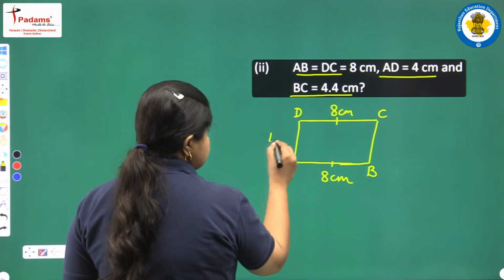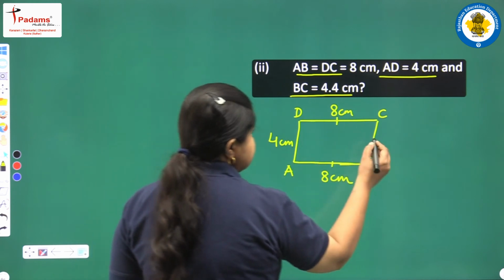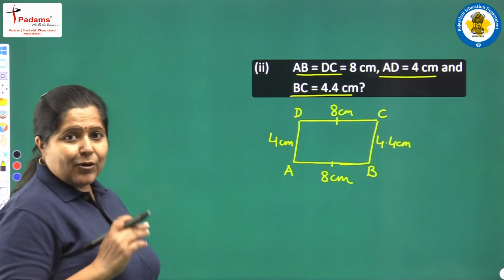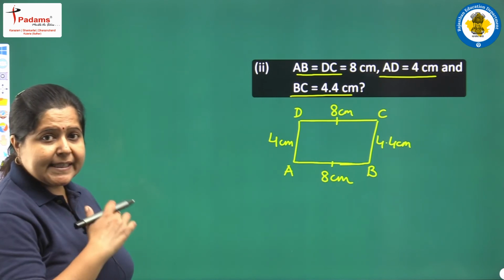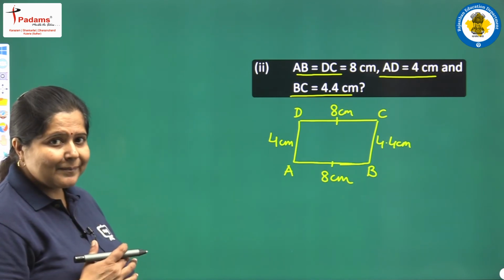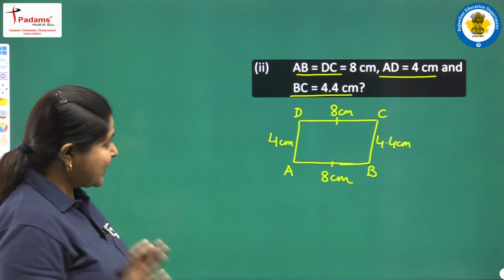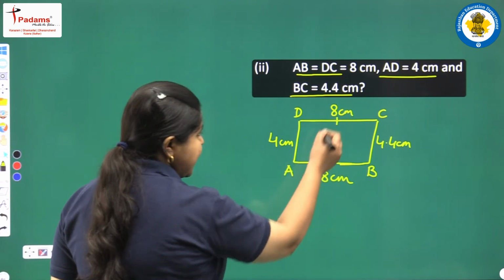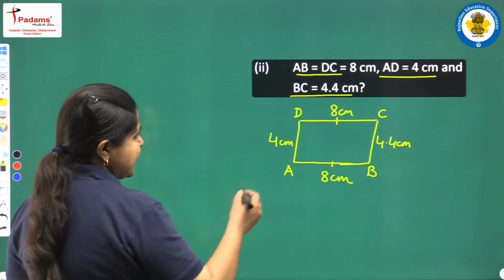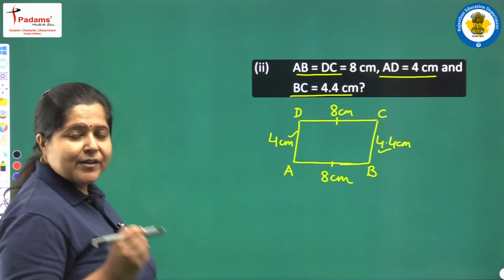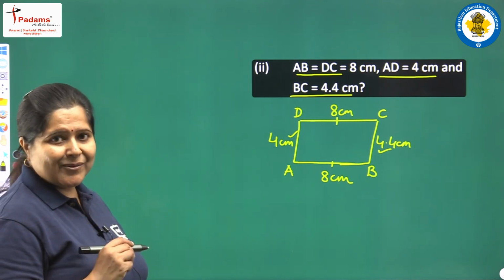AD is given equal to 4 and BC is equal to 4.4 centimeters. Now, can this quadrilateral ABCD be a parallelogram? Clearly not, because here these two opposite sides are surely equal, but these two opposite sides are not equal. So, it is not a parallelogram.